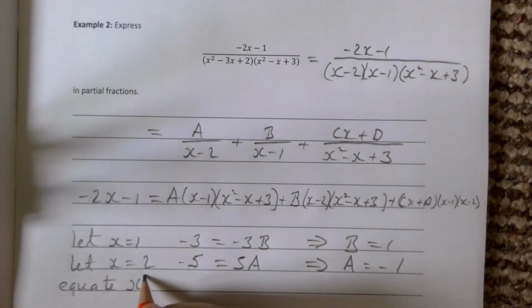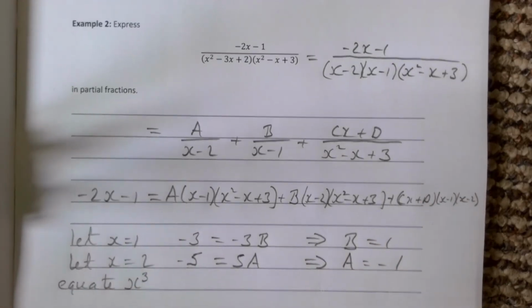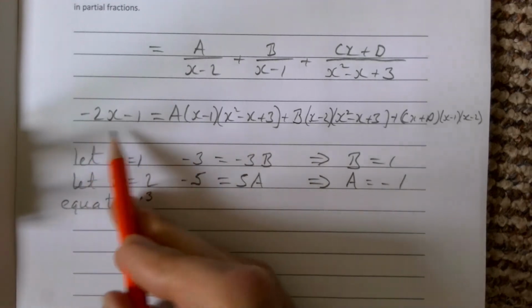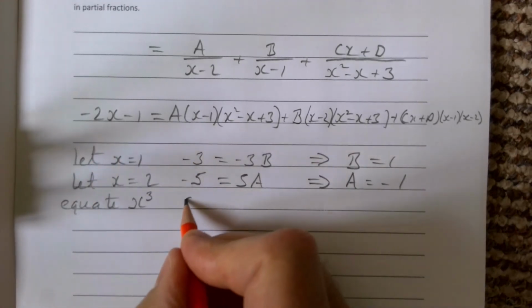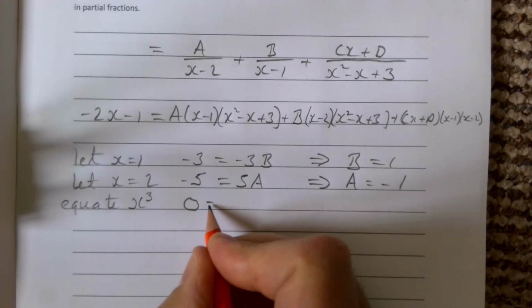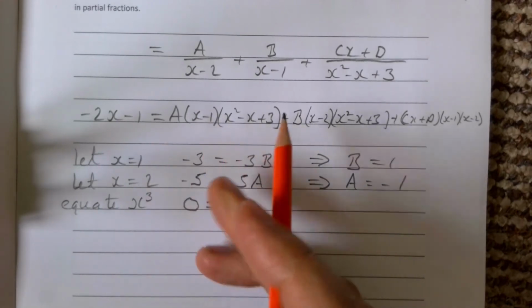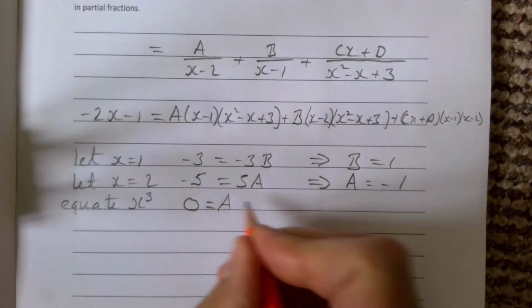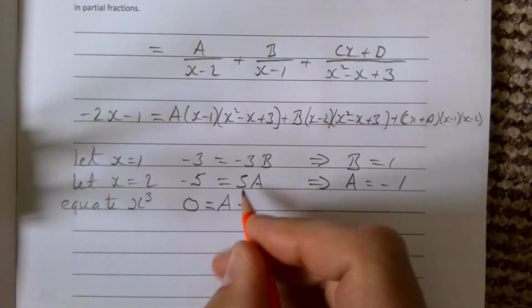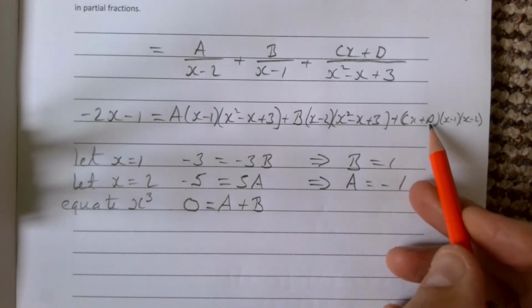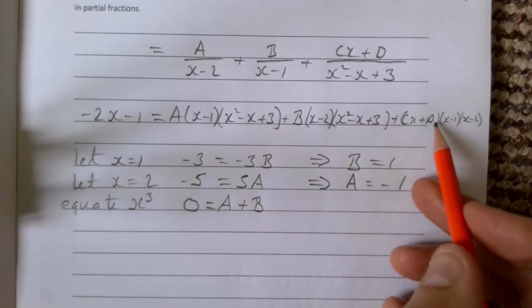coefficients of x cubed. So we can work this out hopefully without multiplying the whole thing out. Look at the x cubed terms over here. There aren't any. X cubed terms here, that x times that is going to be that, so there's going to be an A. That times that's going to be an x cubed, so there's going to be a B. The D, whenever you multiply it, it doesn't get multiplied by this x, so the D is just going to be x times x, so that's just going to be an x squared.